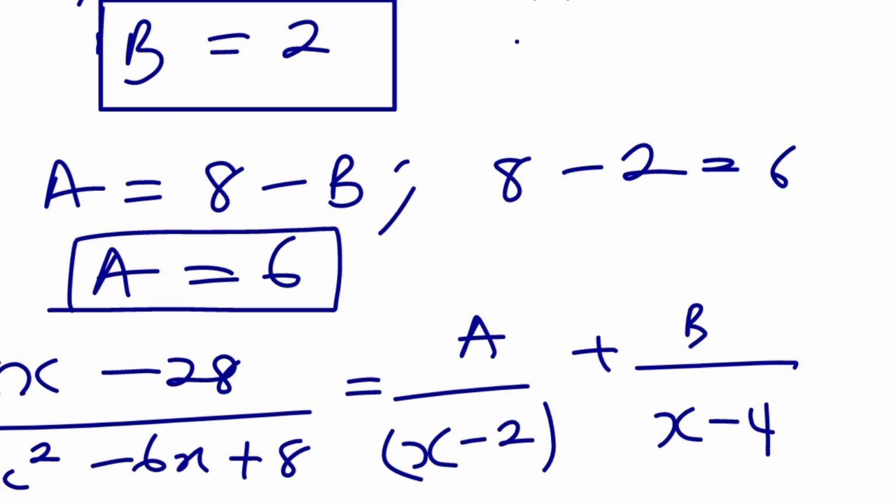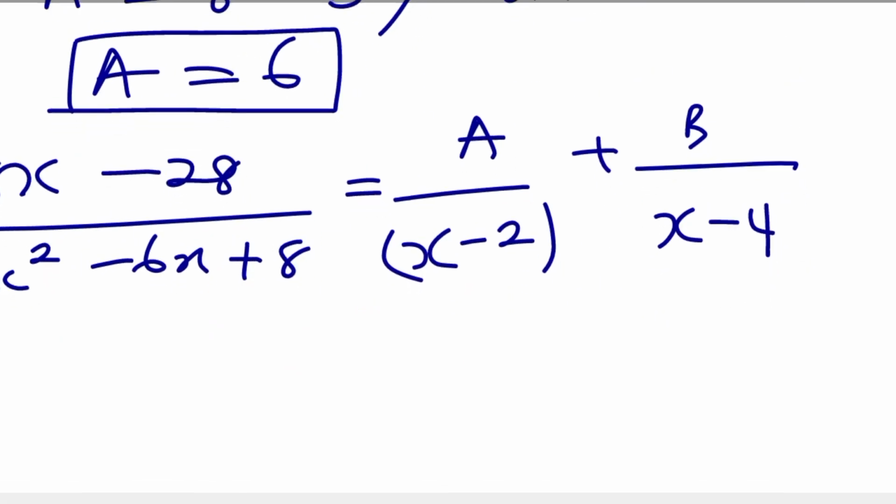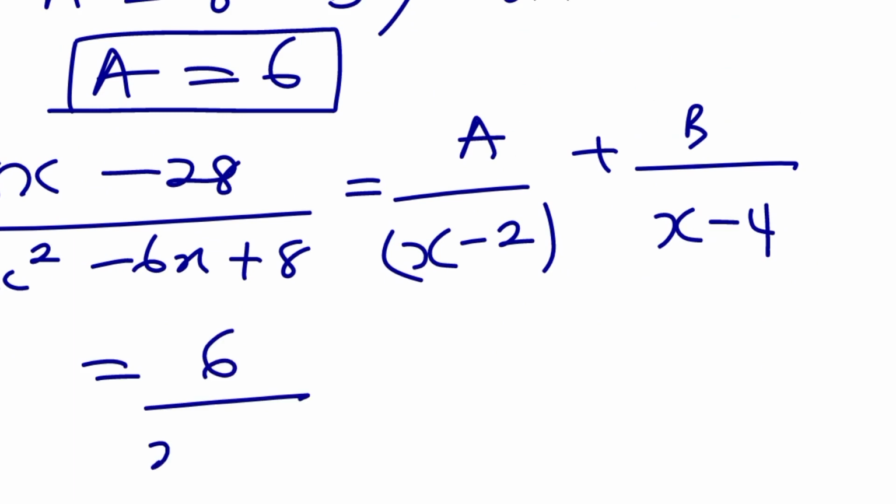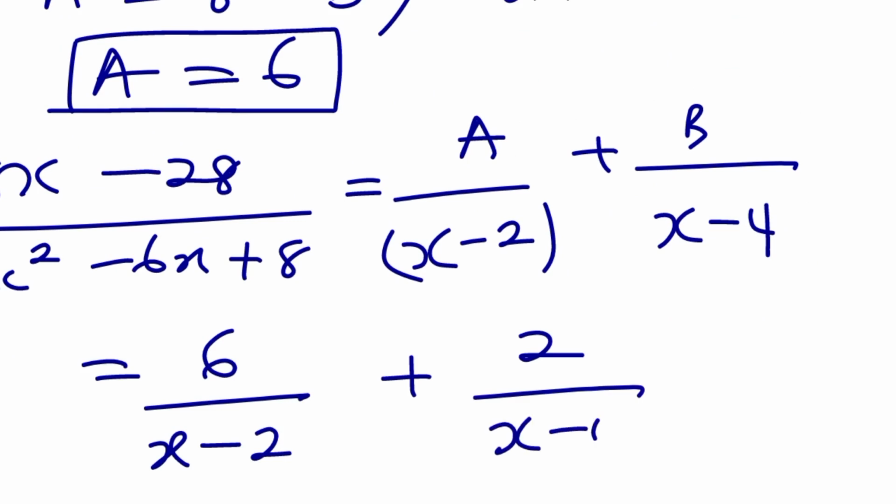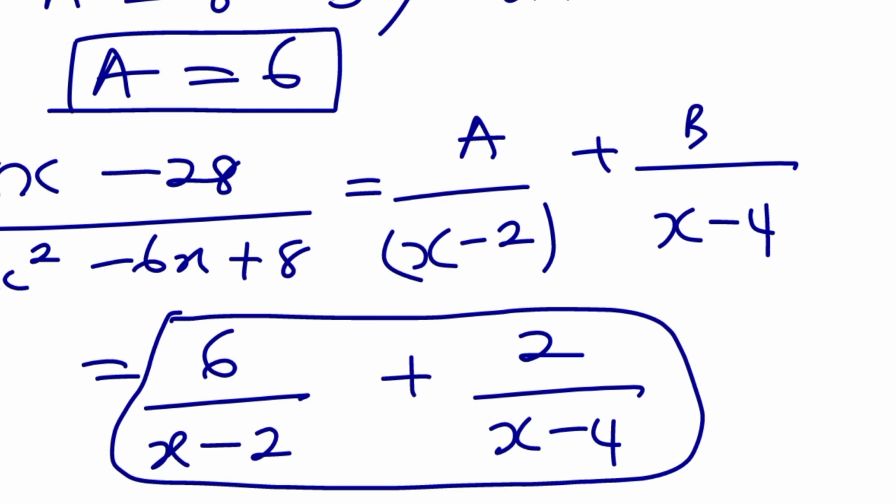So in that case, let's substitute the values of a and b. A is 6, so 6 divided by x minus 2, and b equals 2, so 2 over x minus 4. So you can see that the expression 8x minus 28 divided by x squared minus 6x plus 8 is now broken down into 6 over x minus 2 plus 2 over x minus 4.